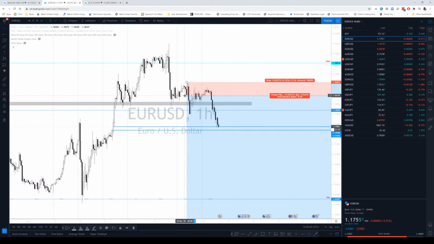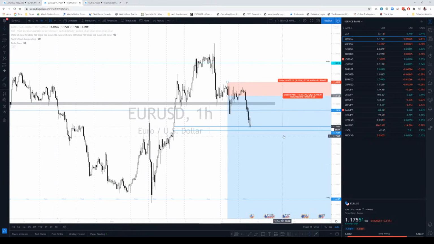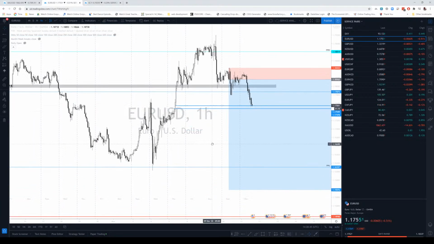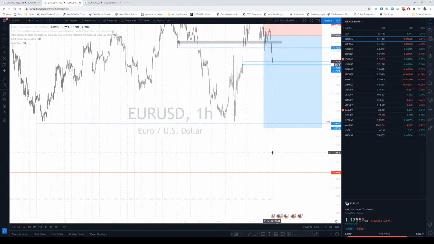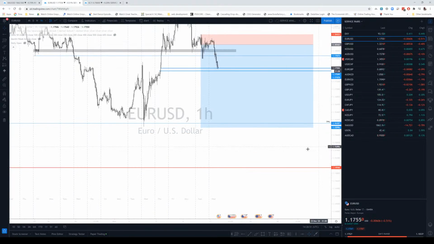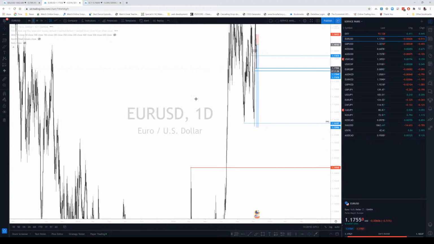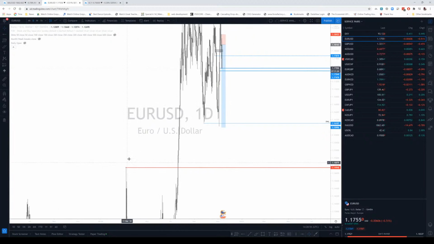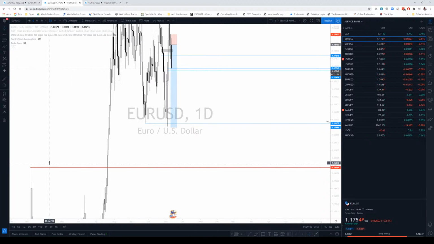Alright, I'm short from there, and I'm looking for a complete reversal to come all the way down here, and then I'm looking for long-term price to drop down here. Okay, long term, I'm looking for price to drop down here.